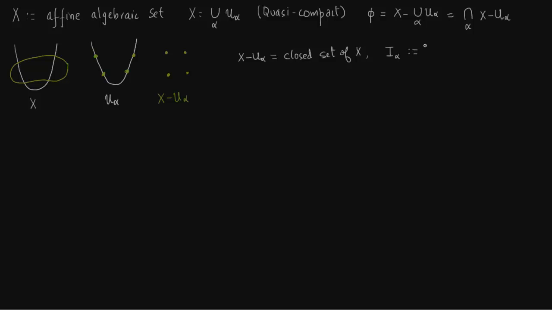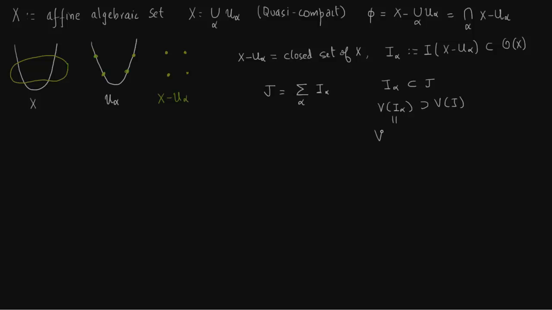So I alpha, you define as the ideal of all those regular functions on X that vanish on the set X minus U alpha. X minus U alpha, as you can see, is the 4 green points which I have drawn indicatively, so all those polynomials which vanish on it. Now you define a new ideal J, which is the sum of all these ideals for each alpha. So I alpha belongs to J. Now for the vanishing set, inclusion is reversed.